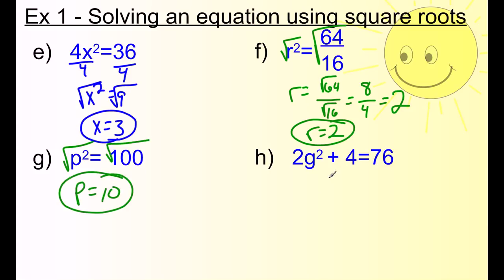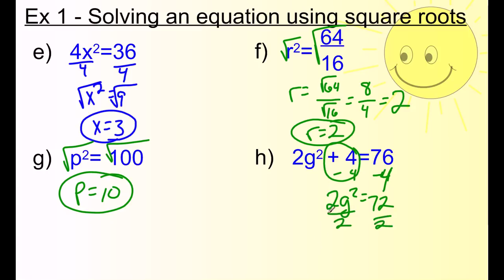Simple, simple, simple. Ooh, ain't he fun? I remember this stuff. So you gotta subtract 4 on both sides to get rid of the add and subtract first. That gives you 72.